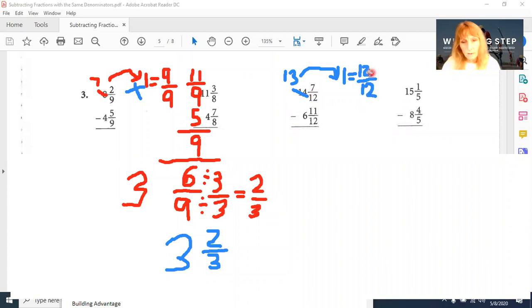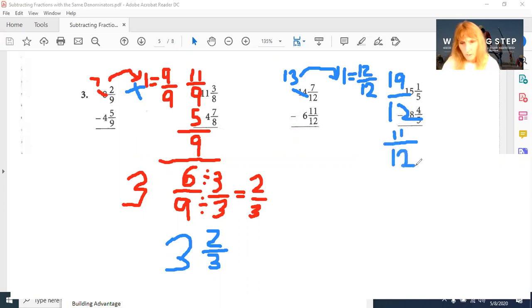And I have to add 12/12 to it. So what am I going to end up with? I'm going to end up with 12 and 7 more, 19, right? 19/12. And I'm going to subtract 11/12 from that.